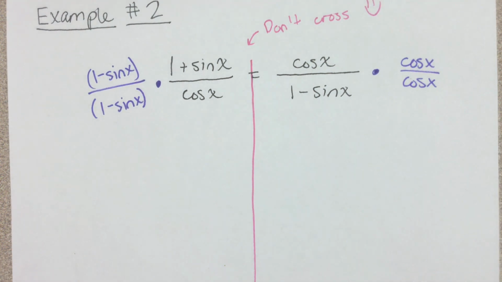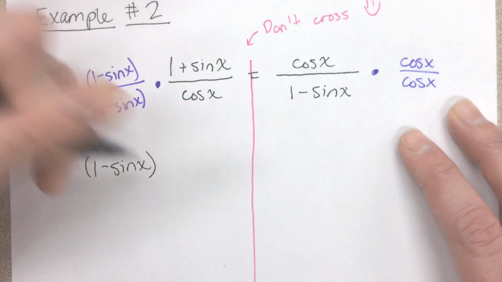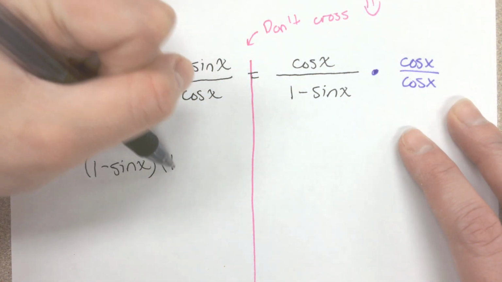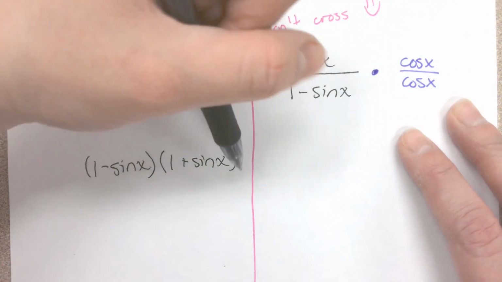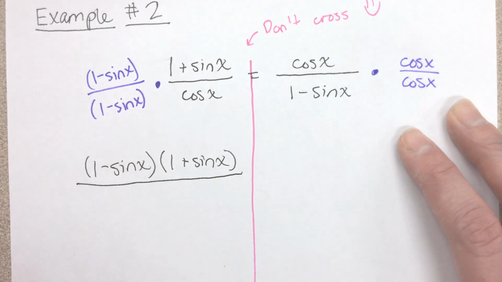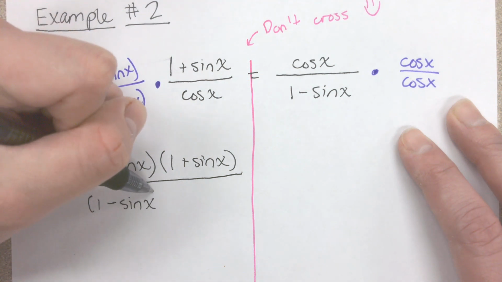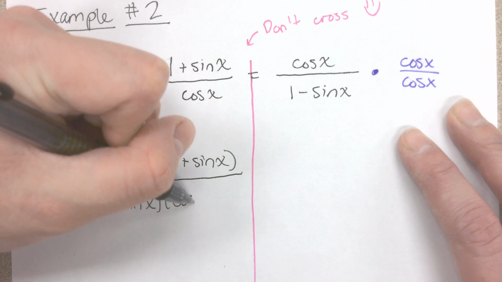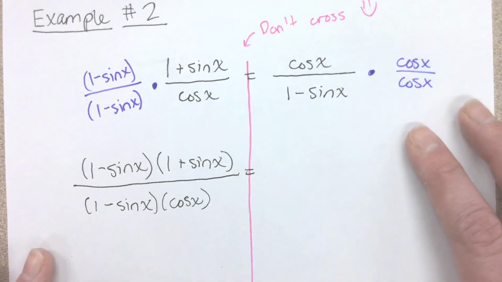For the left one, I'm just going to put it together first, since I'm going to have a FOIL problem on top. So we have 1 minus sine of x times 1 plus sine of x all over our denominator, 1 minus sine of x times cosine of x equals.